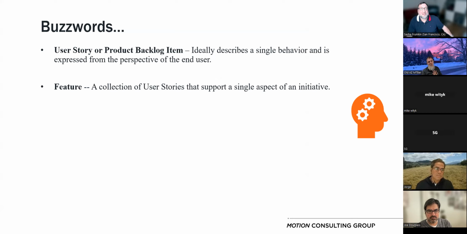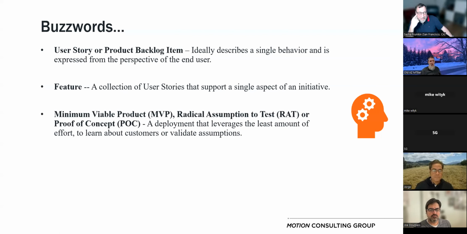When you hear me talk about a feature, what we're really talking about is kind of affinity mapping of user stories. It's a collection of these user stories that support a single aspect of that initiative. And this one here is where sometimes it can be a little bit controversial, right?